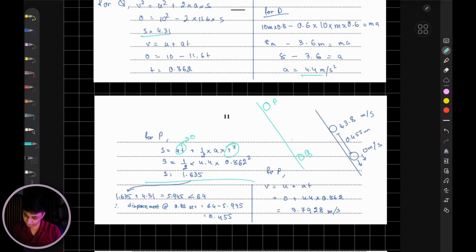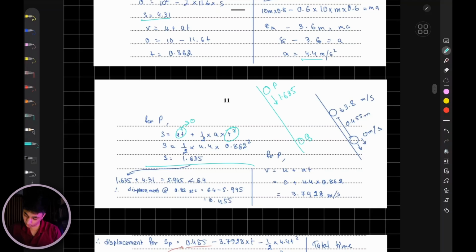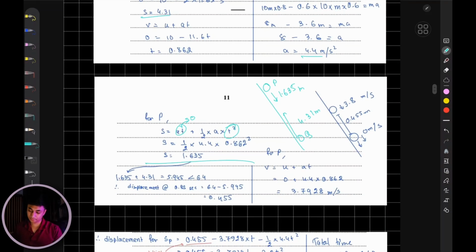P will move down by 1.635 and Q will move up by 4.31 meters. Now notice one thing. You knew the total gap in between both the particles is 6.4 meters.